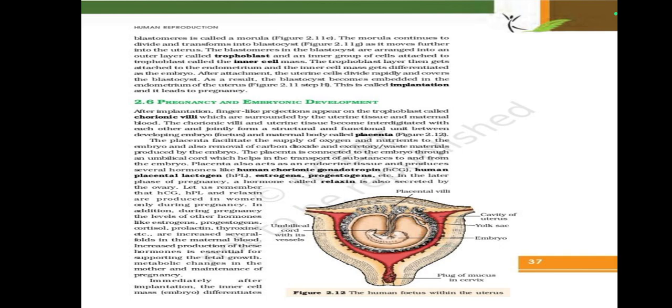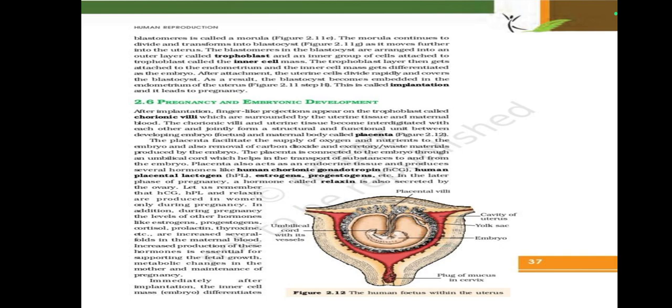After implantation, finger-like projections appear on the trophoblast called the chorionic villi, which are surrounded by the uterine tissue and maternal blood. The chorionic villi and uterine tissue become interdigitated with each other and jointly form the structural and functional unit between the developing embryo, fetus, and maternal body called the placenta, figure 2.12.